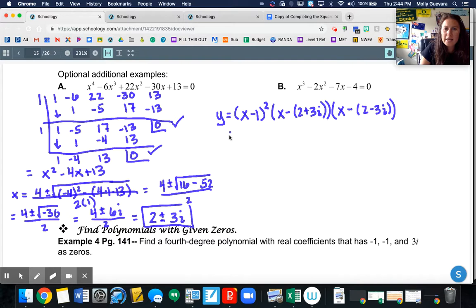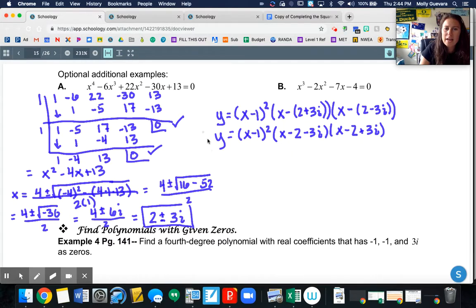And so then I can simplify this by just saying x minus 1 squared, and then x minus 2 minus 3i. I'm just distributing that negative, and then x minus 2 plus 3i.